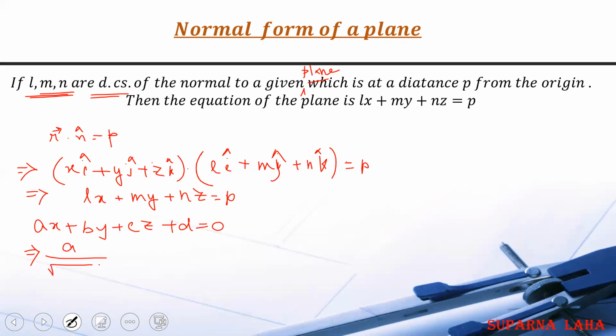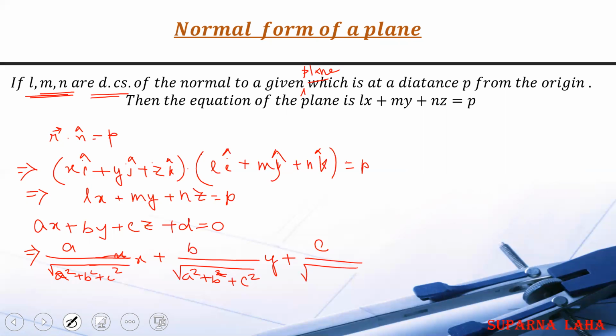So a by root over a square plus b square plus c square into x plus b by root over a square plus b square plus c square into y plus c by root over a square plus b square plus c square into z is equals to minus d upon root over a square plus b square plus c square.